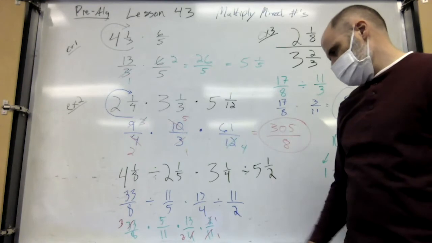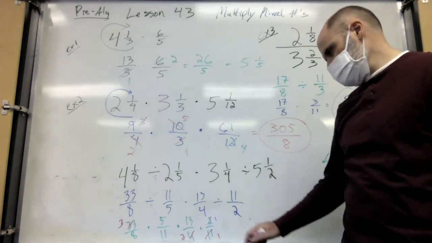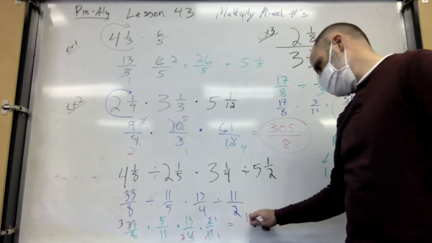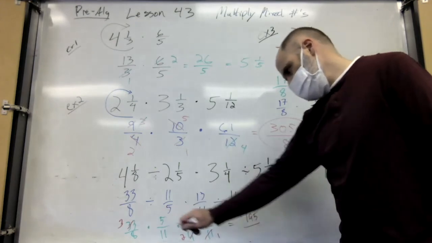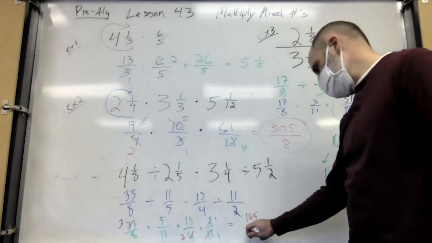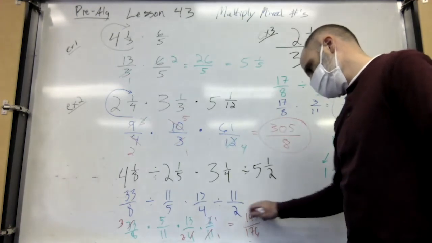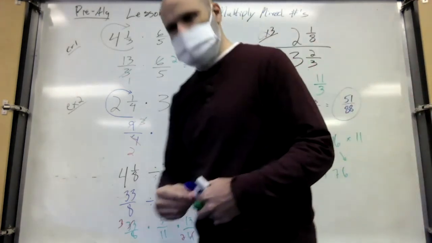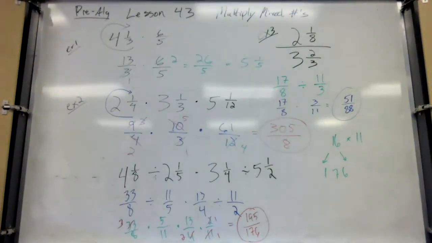Yep. 15 times 13 is 195. And then 8 times 22 is 176. Boom. 195 over 176. Pretty cool. Not a lot of things canceled, so it wasn't a really pretty answer, but it's the answer.